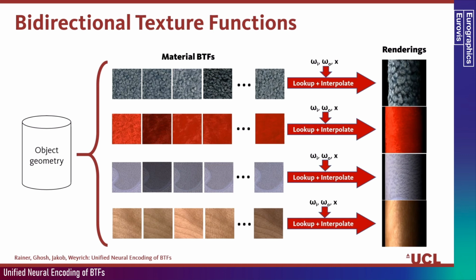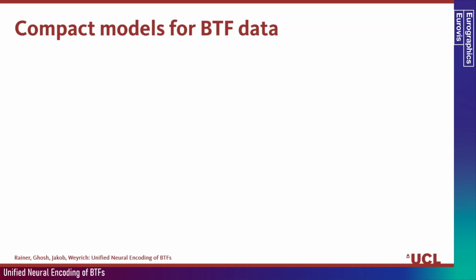At rendering time, these textures are interpolated for all angular configurations in the scene and mapped onto the object geometry. The more measurements in the dataset, the better the simulation, so BTFs often contain tens of thousands of textures. This is a huge memory requirement, so many approaches have been proposed to deal with it.